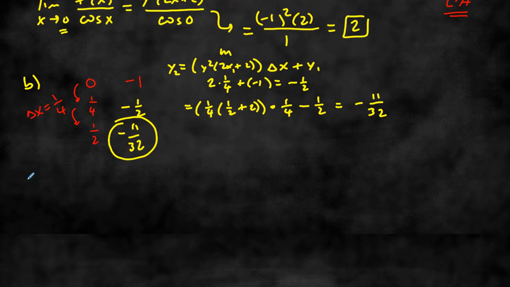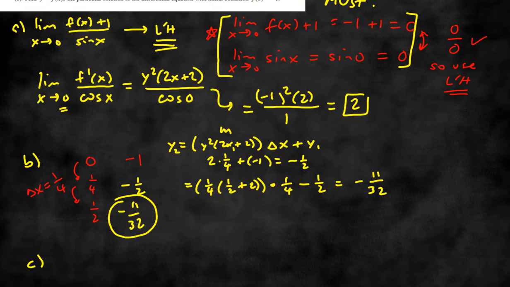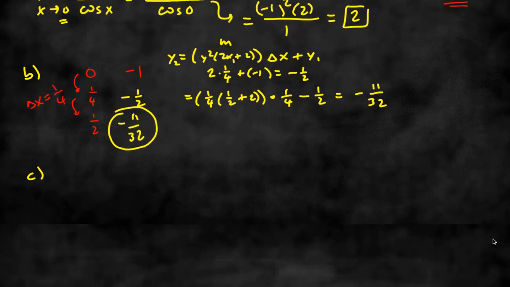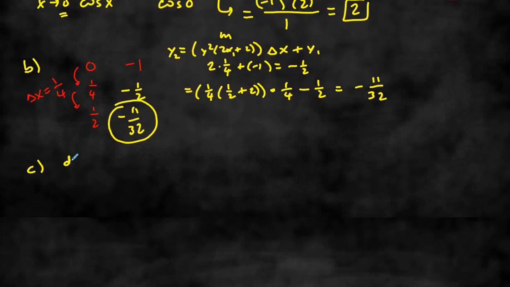And finally, we go to part C, which asks us to solve the differential equation itself, given the initial condition that f of 0 is equal to negative 1. So if we take a look and go recopy the original equation, dy dx is equal to y squared times 2x plus 2.